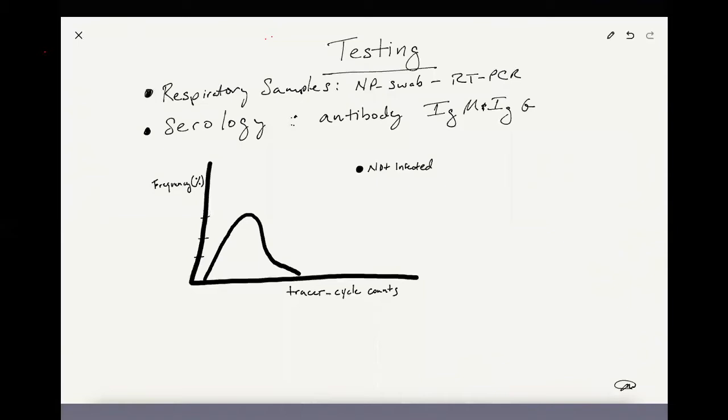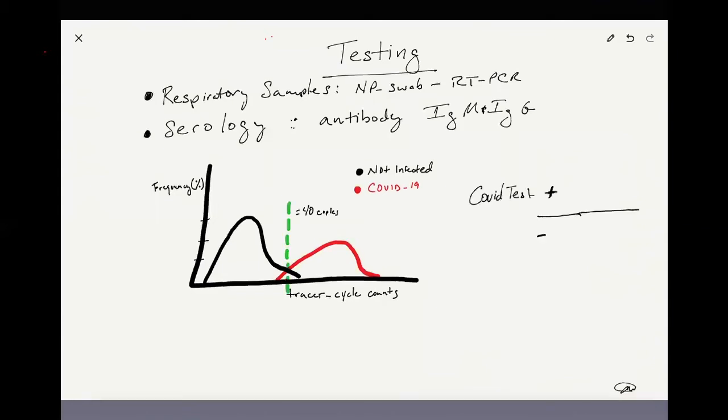Half the patients are going to be at a certain level, and then they're going to taper off on either side. And then those that are infected are going to have much higher counts, and therefore we're going to see differences between those curves, between those that are infected and those that aren't. And we need to pick at some point a cutoff.